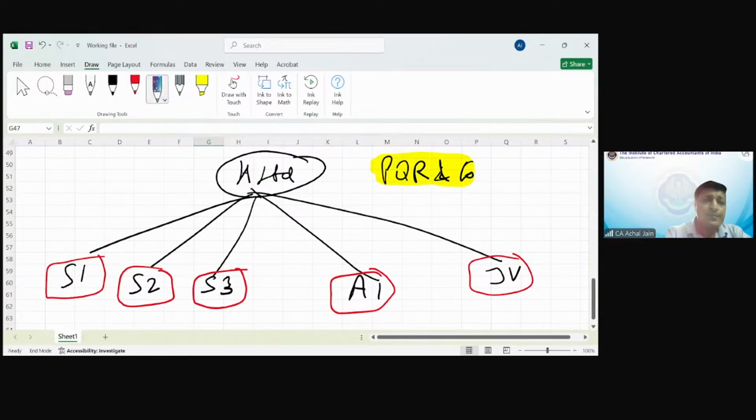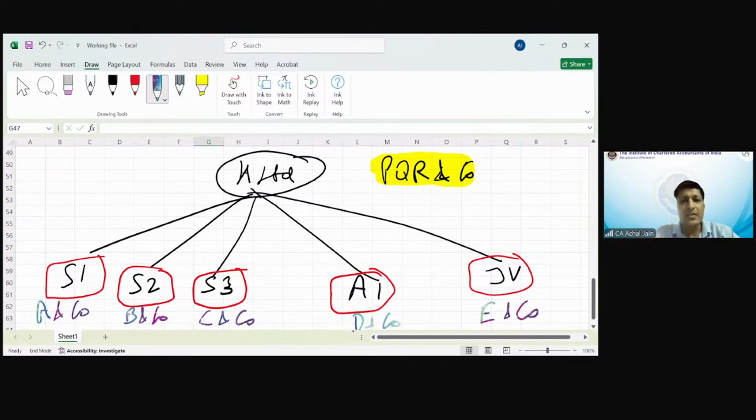For example, say A and company is the auditor of S1. B and company is the auditor of S2. C and company is the auditor of S3. Or let's suppose D and company is the auditor of A1. E and company is the auditor of JV. Of course, for the parent, PQR and company is the auditor, as well as CFS.